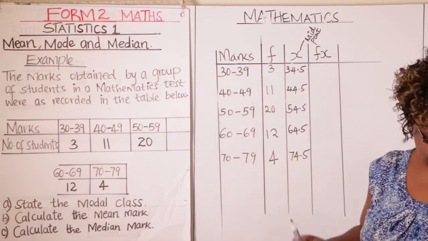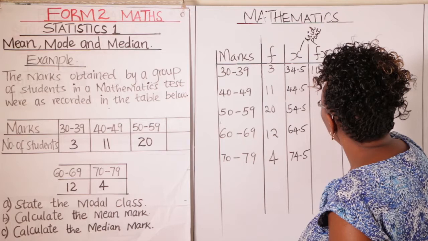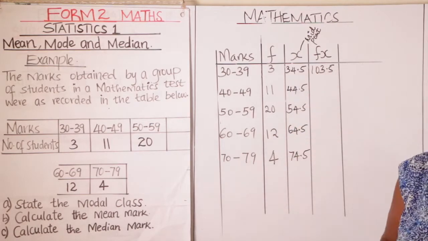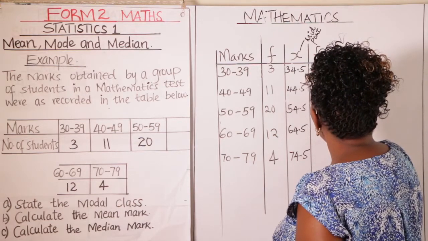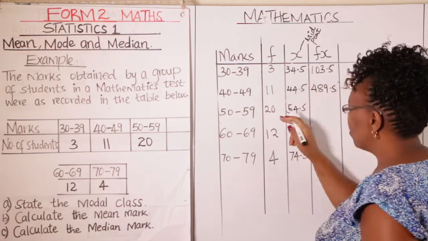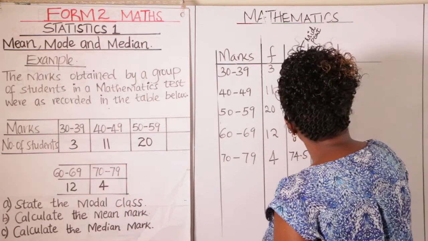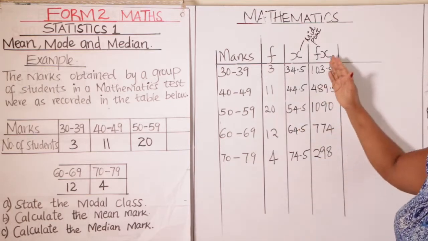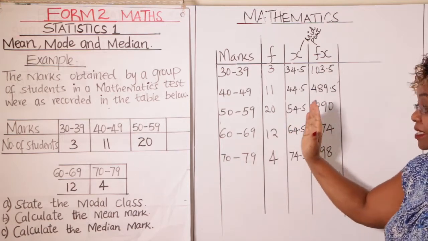That 34.5 times 3 would give you 103.5. Okay? You continue using a calculator there. You'll get 489.5. Multiply this by this, you'd get 1090. So, learner, you fill in that column of Fx, multiplying F times X.